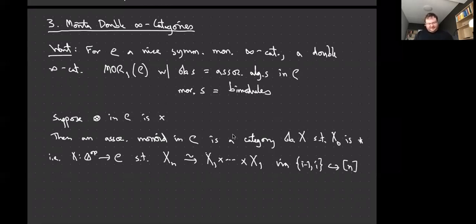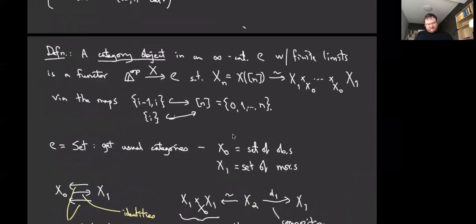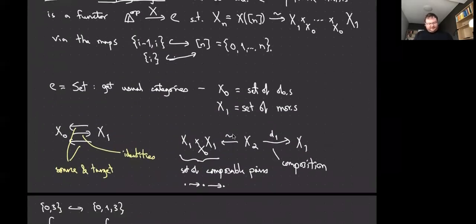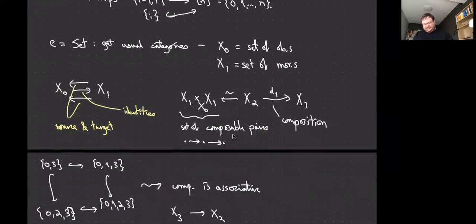So, if you go back to the explanation I tried to give for why these category objects look like categories, you can similarly explain why this is an associative monoid.